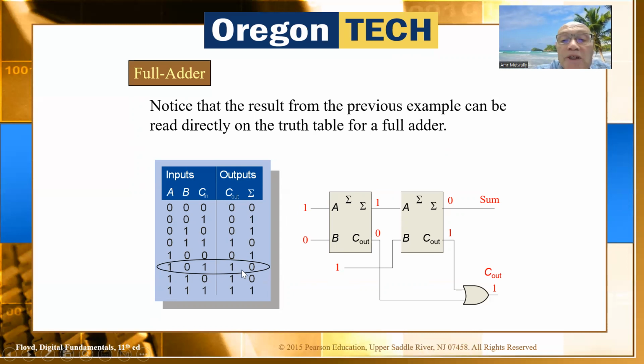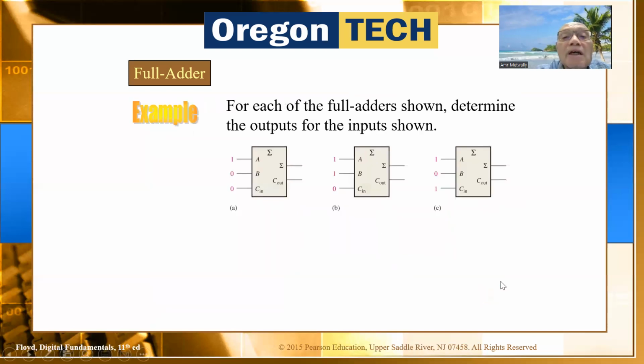So the result with that will be 0, 1, as we did. Now, if I tell you that this is a full adder, what will be the result? The C out would be 0 and the summation would be 1. Excellent. Thank you.